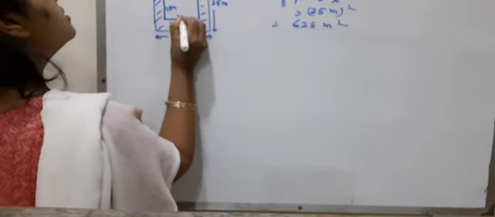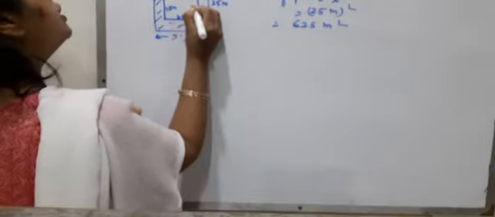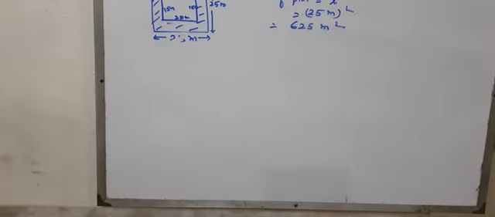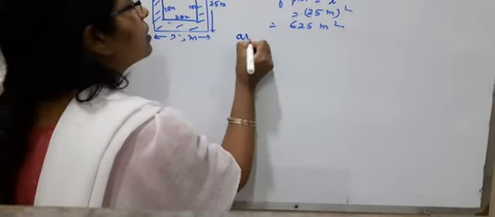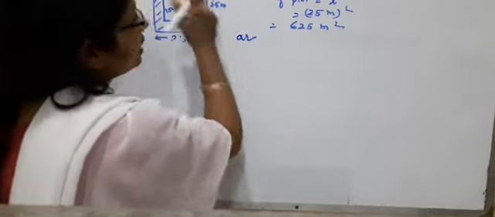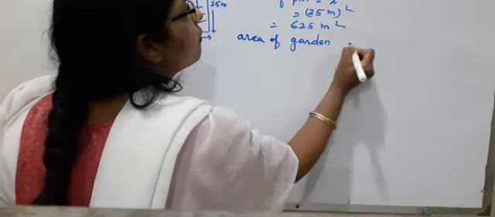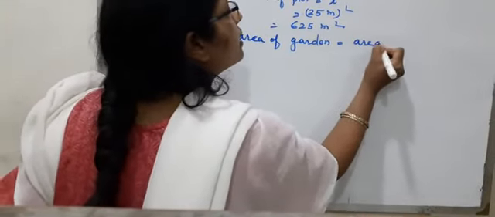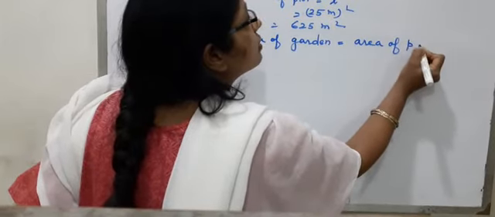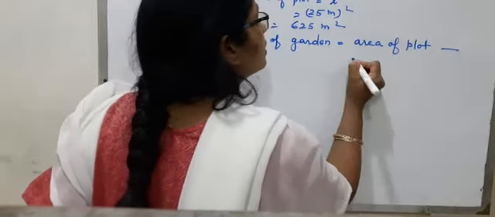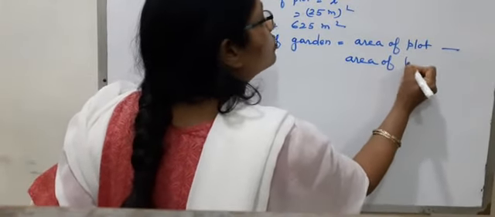So to find the area of garden is equal to area of plot minus area of house.